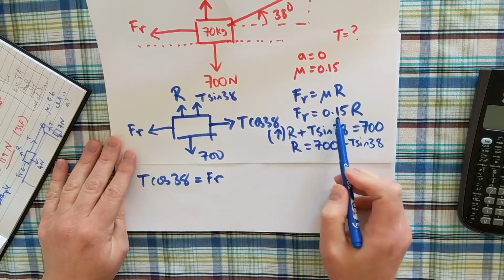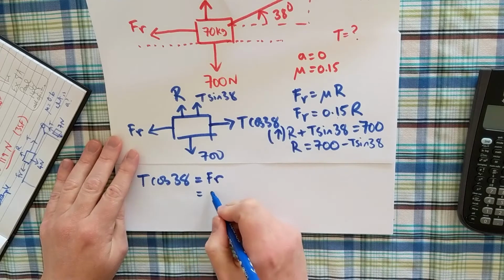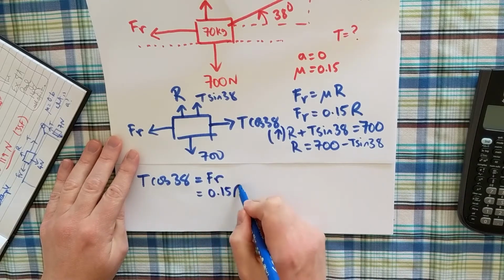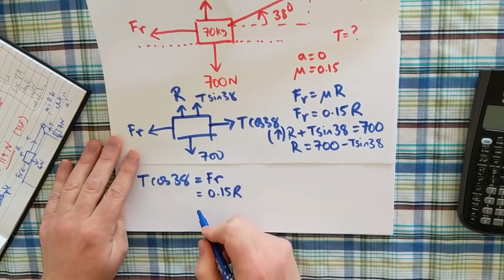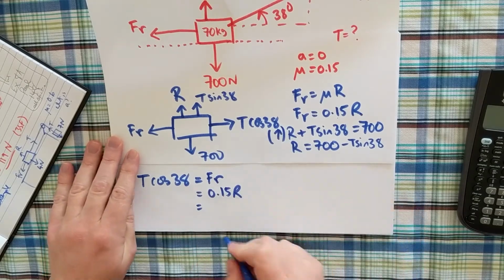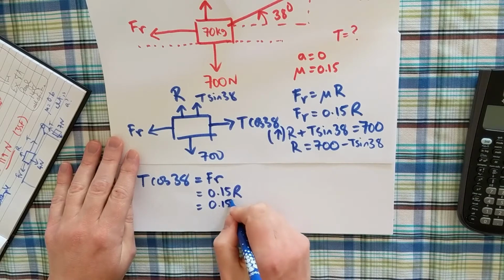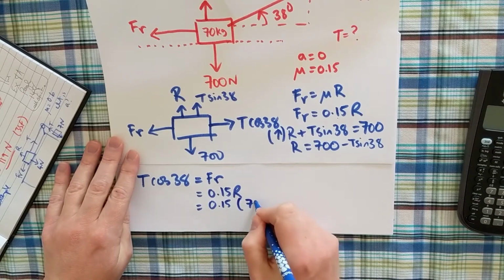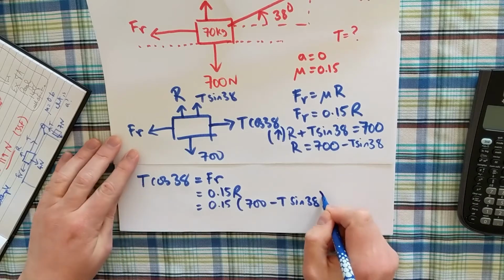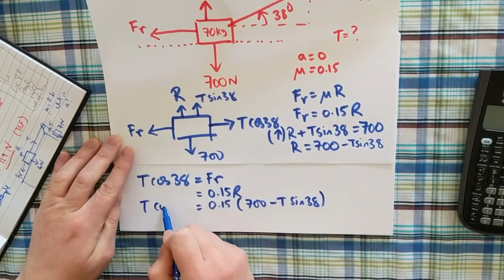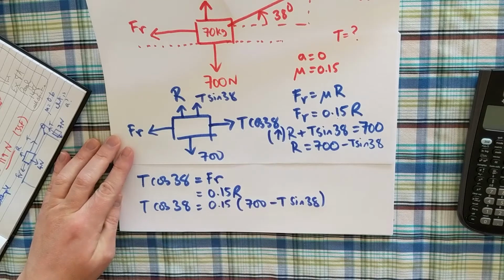The friction was 0.15 R. And R, we've already looked at, and by using the vertical components, that is equal to 700 minus T sine 38. So that's 0.15 times 700 minus T sine 38, which leaves us with an equation which is just involving T. So we can shuffle this around and find out what T is.